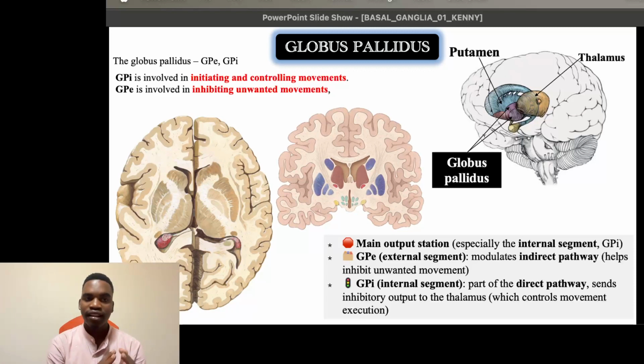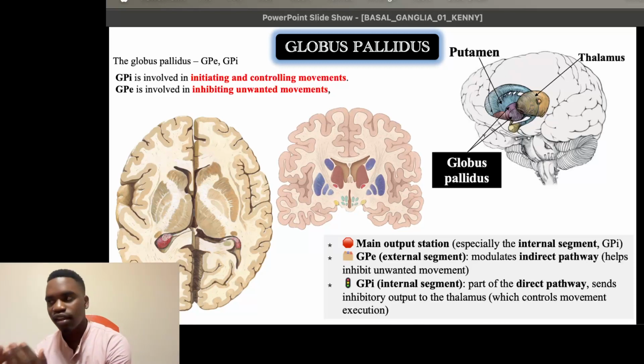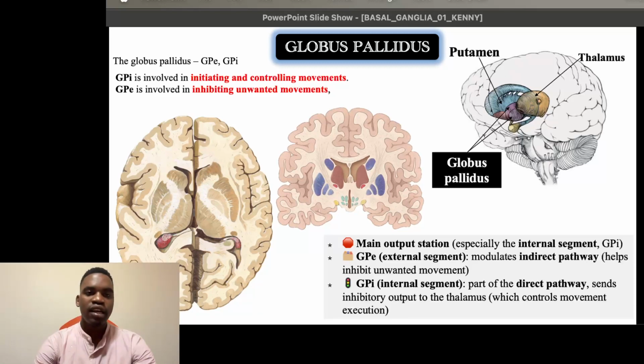For that matter, the external segment of the globus pallidus will be more seen on the indirect pathway of the basal ganglia. We'll see it shortly. And the internal segment will be on the direct pathway, but will be there for both, and it forms one of the main output gates. So the output from the basal ganglia will be done by the internal segment of the globus pallidus, and we will also see the substantia nigra.